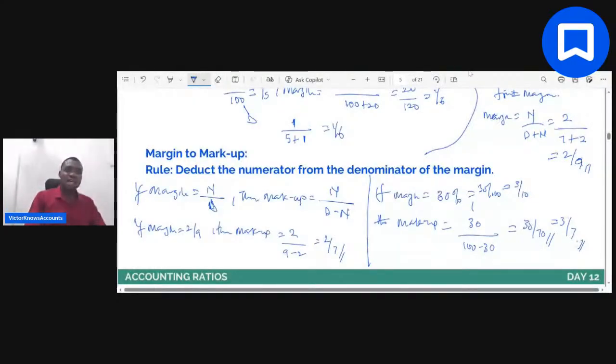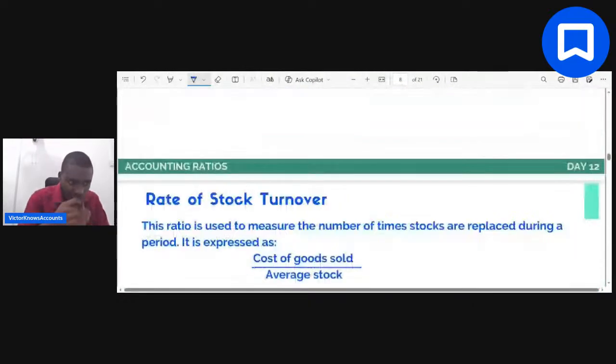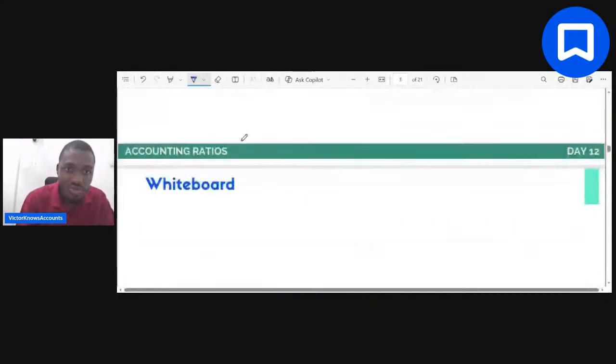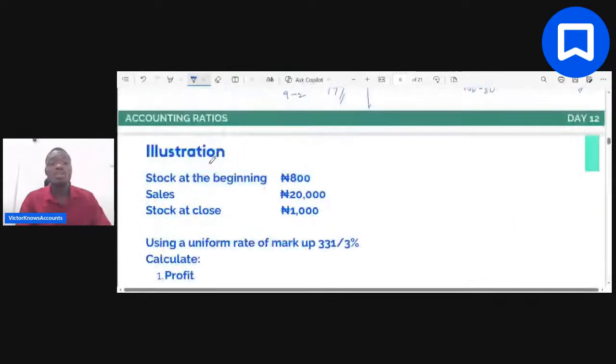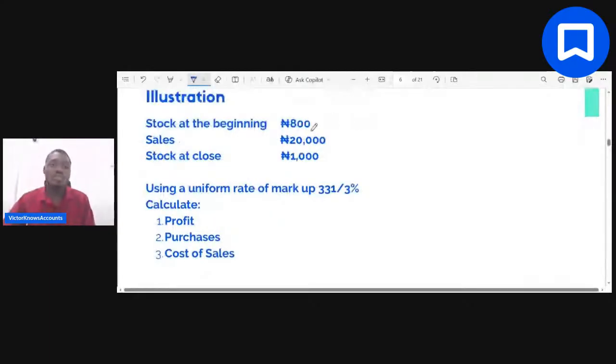There's nothing hard about markup and margin. So now let's take this example, as our time is far spent. Illustration: stock at the beginning, that's opening stock, is 800 naira, sales is 20,000, stock at close is 1,000 naira.